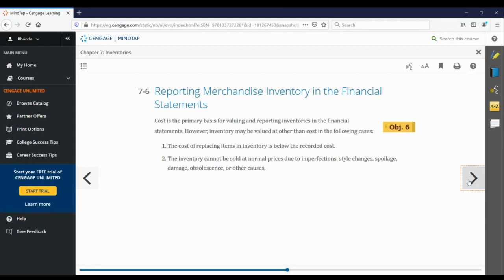Sometimes the inventory cannot be sold at normal prices because of spoilage or some type of damage, or in cases where the inventory becomes obsolete, and so you'll have to mark them down below cost. And so we can use another method for reporting our cost if management chooses to do so, which is called the lower of cost or market method.